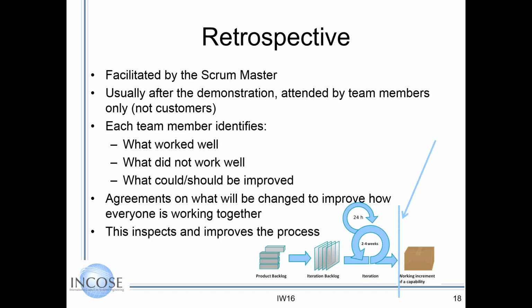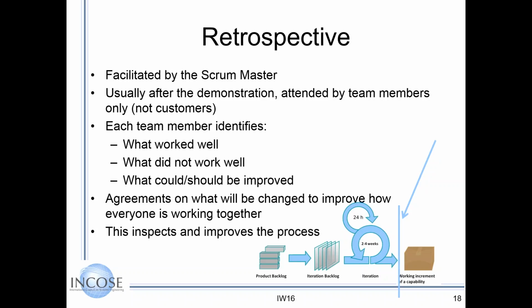Then the retrospective is another practice for improving, and this improves the process you're using. The Scrum Master holds a retrospective time boxed at 1 hour, though for a longer iteration the retrospective is 2 hours. There are a lot of things to talk about.